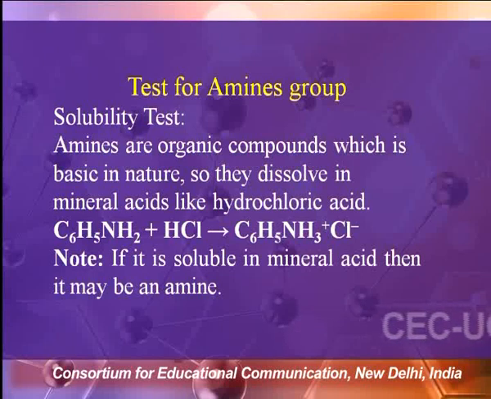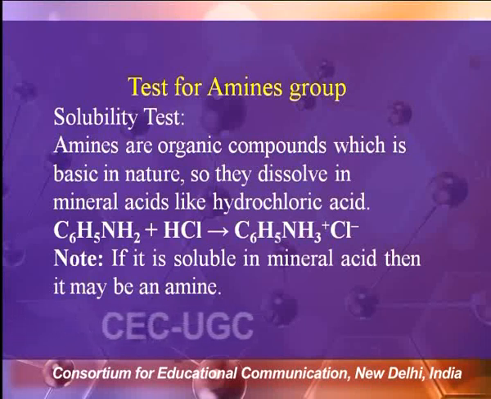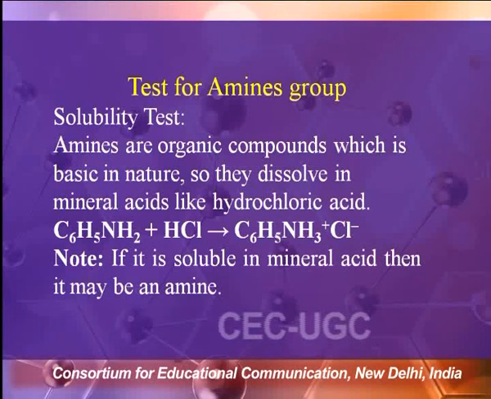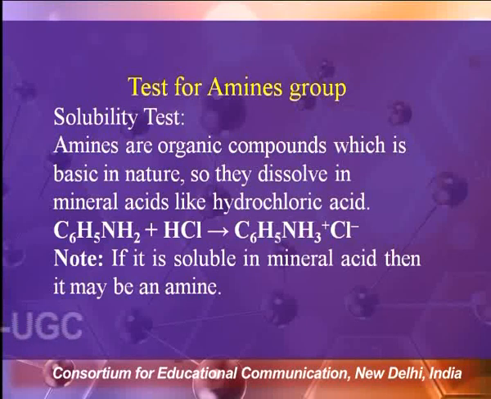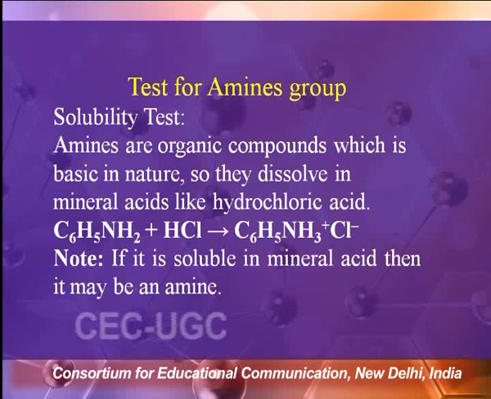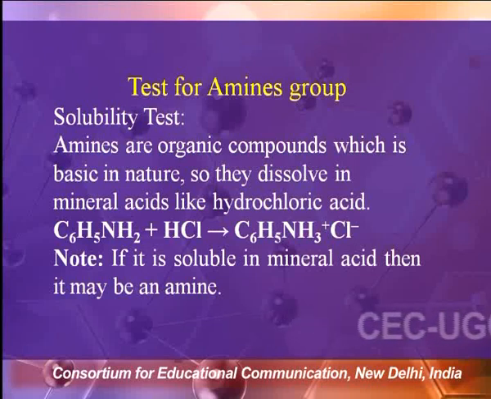Now, the test for amines. We have discussed hydrocarbons in detail. Now, how can you confirm the presence of amines? What are amines? First of all, let us take the structure. You can recall amines are derivatives of ammonia, meaning one hydrogen of ammonia gets replaced by an R group, an alkyl group, right.